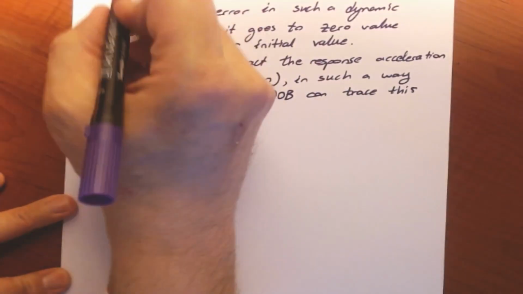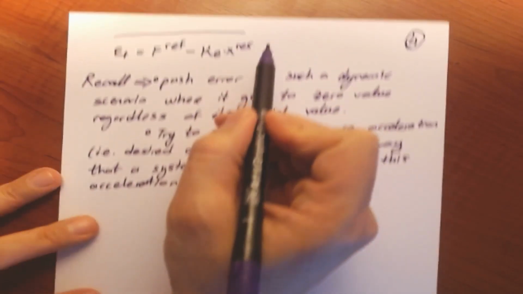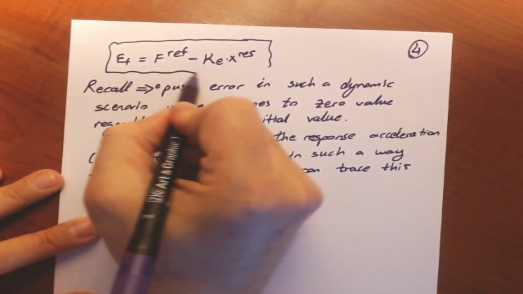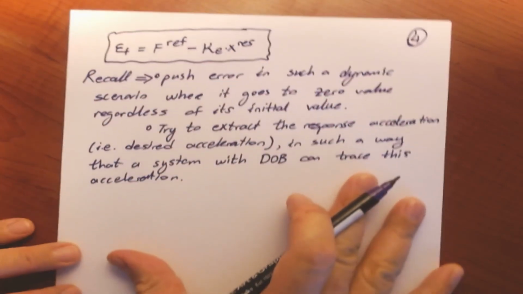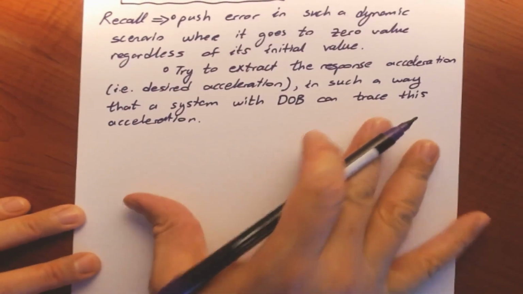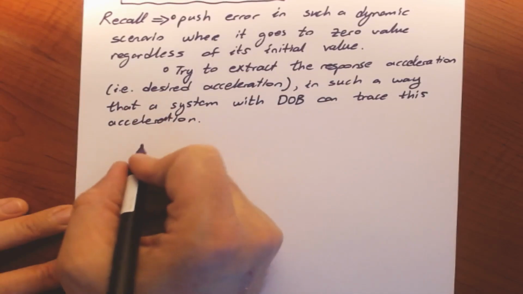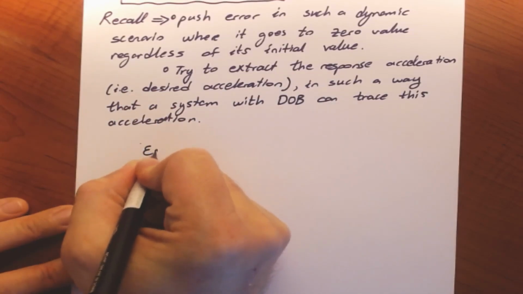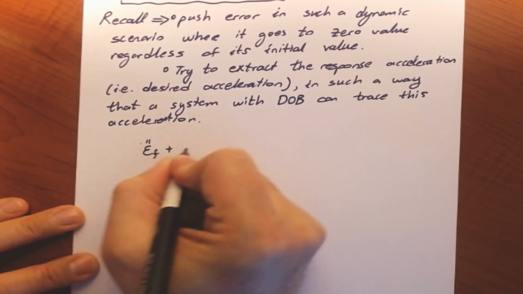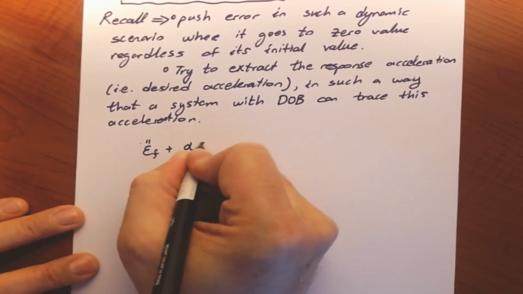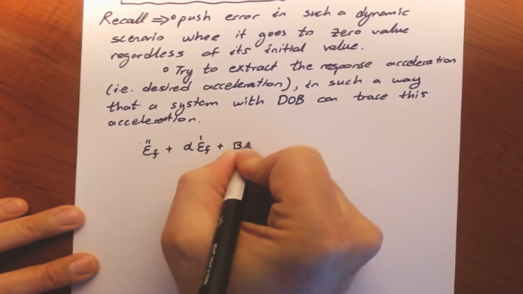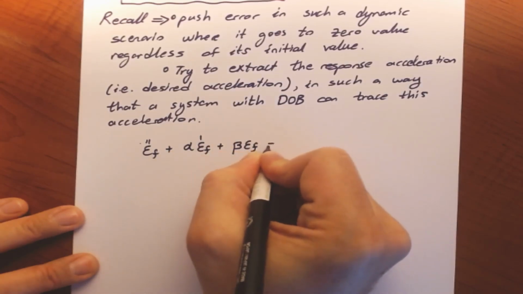For that equation, let me highlight it once more. For that equation, we need to differentiate twice. So EF double dot plus alpha times EF dot plus beta times EF is equal to 0.